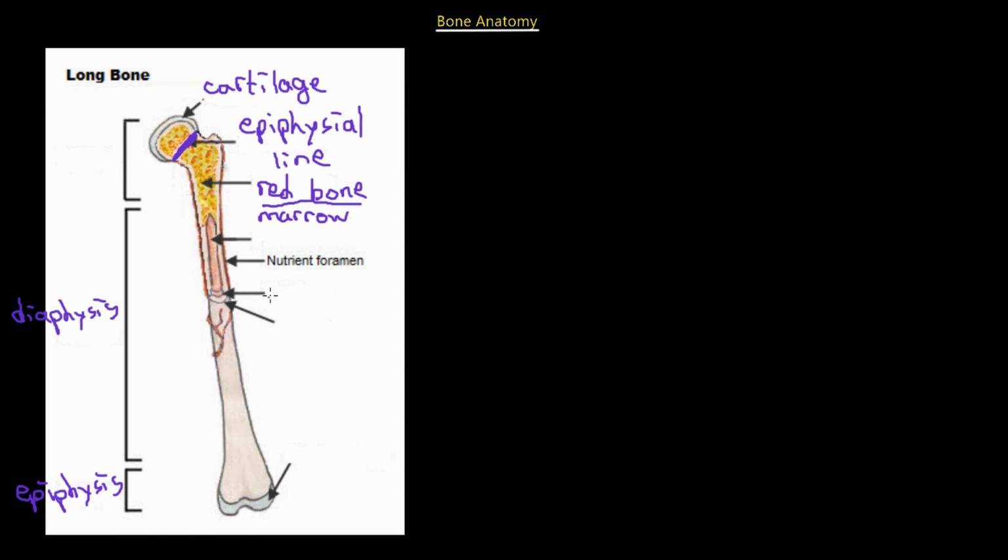Now, the outer surface, the outer part of this bone is called periosteum, and the name of this long bone is going to be called compact bone. And inside the diaphyses is going to be the yellow bone marrow.